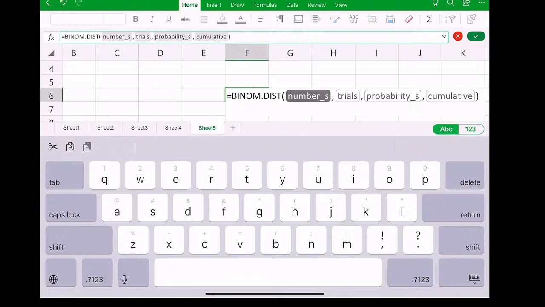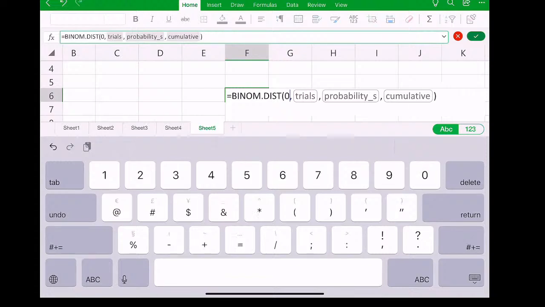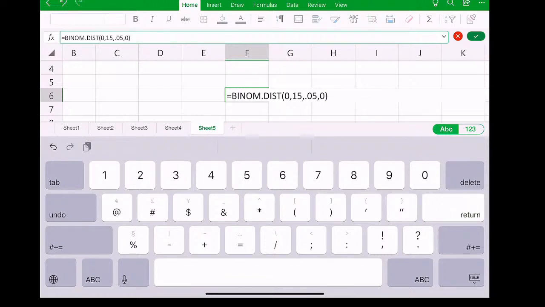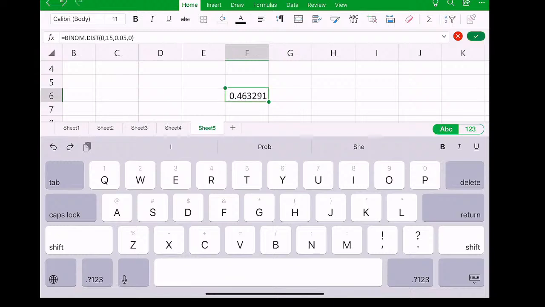So let's say I want 0 successes in 15 trials and the probability is 0.05. And I say cumulative, no. So that's the first value.